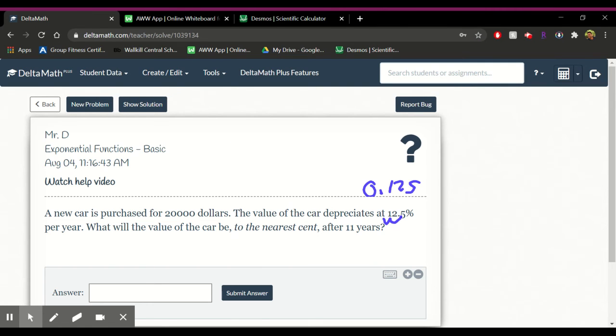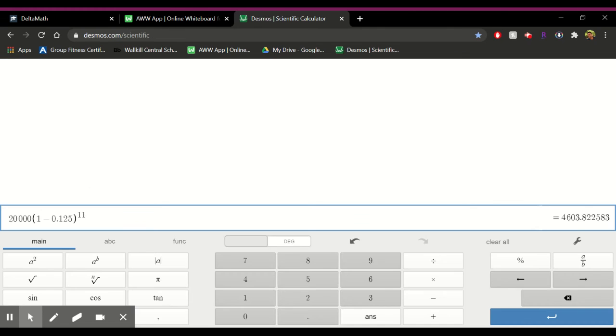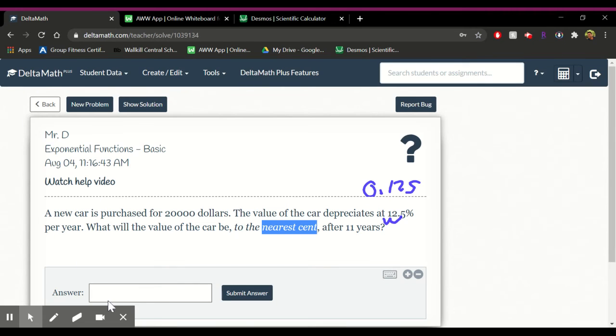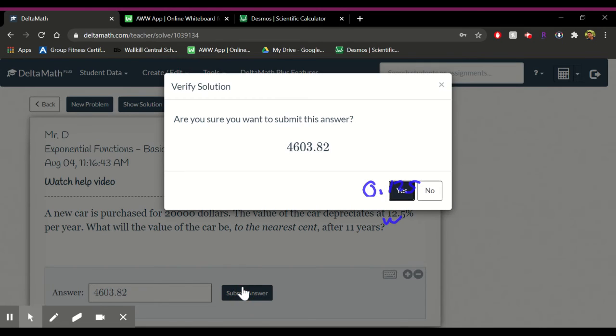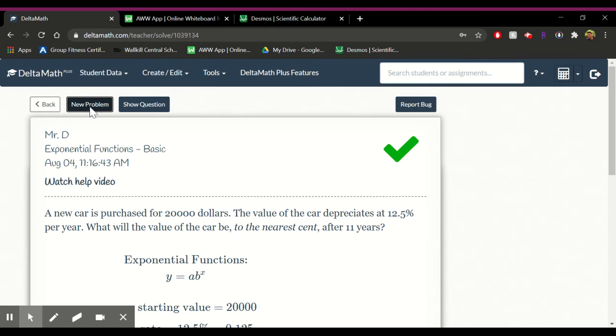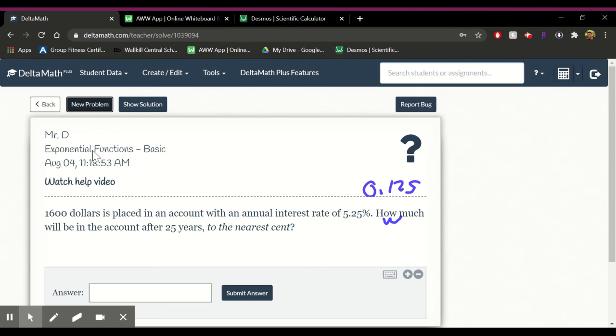This is rounded to the nearest cent. So that means to the 100th spot, right? In money. So I look after it, it's a 2, and it keeps it the same. So I can just copy and paste this. It's $4,603.82. Submit. Yes. Bam.